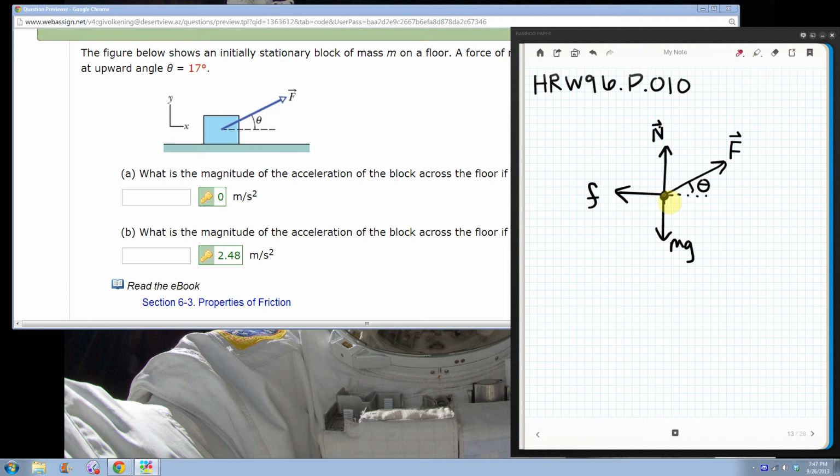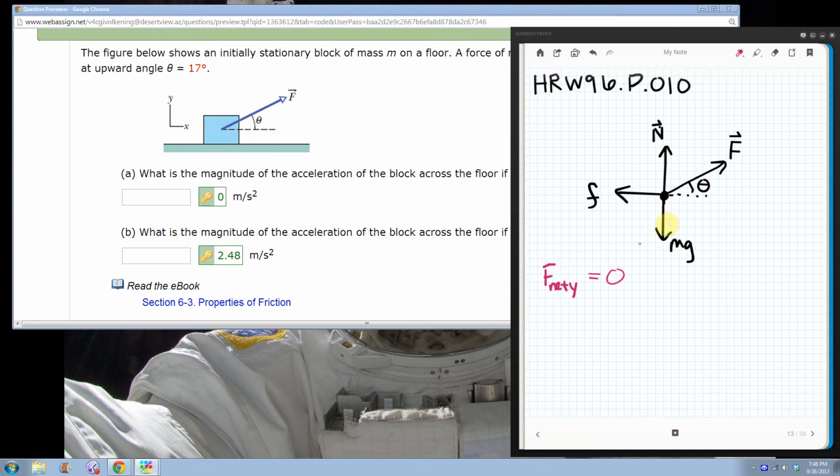Well, I need to find out what the maximum static friction is. But to do that, I need the normal force. So let's find the net force in the y direction first, so we can figure out what the normal force is. The net force in the y direction is going to be 0 because this thing is going to stay on the ground.